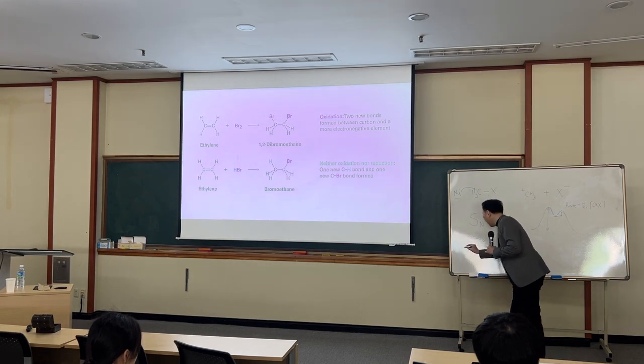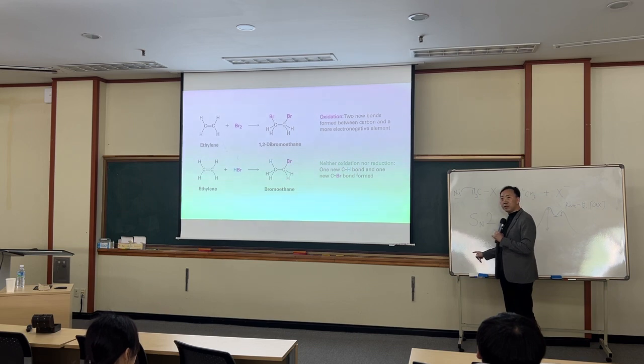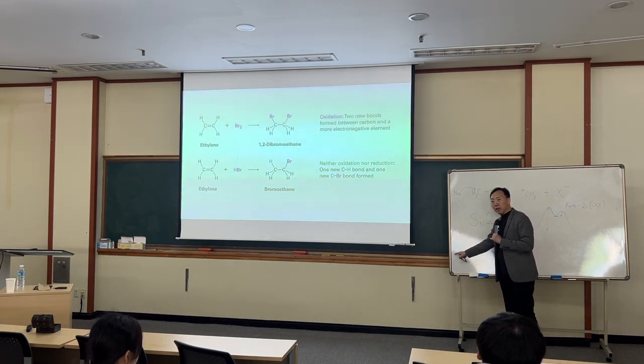That's why the reaction rate is a constant times nucleophile and electrophile; both of them are important. If you double the nucleophile, the reaction rate doubles. If you double the electrophile, the rate doubles. If you double both, the rate becomes 4 times faster. This is a second order reaction.